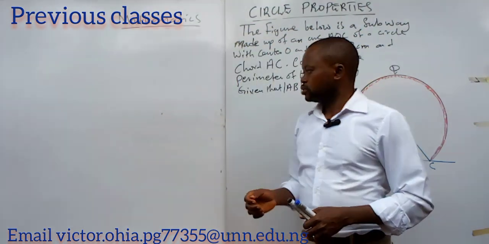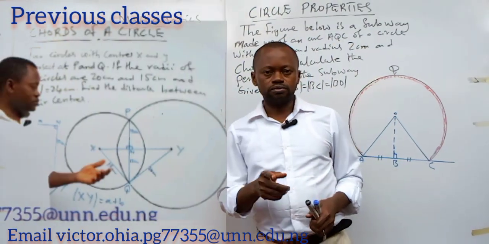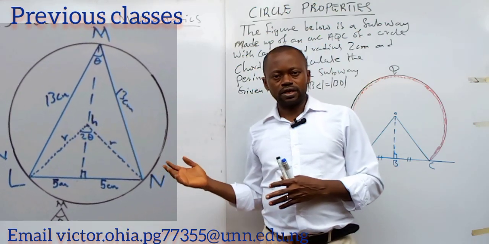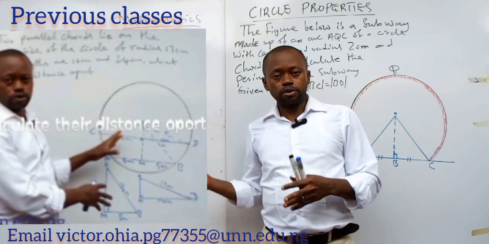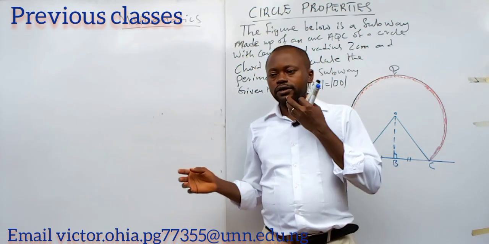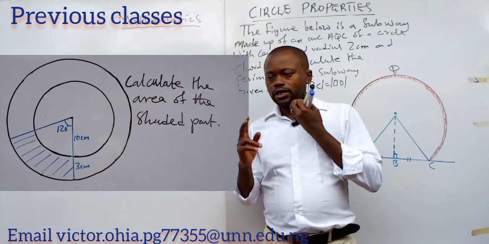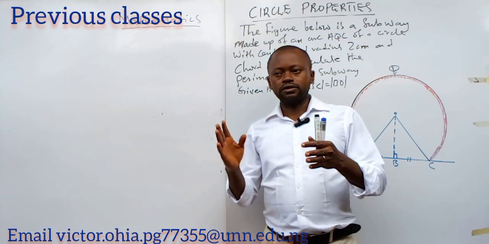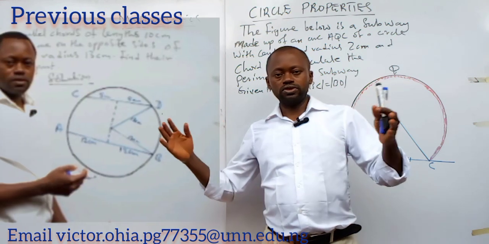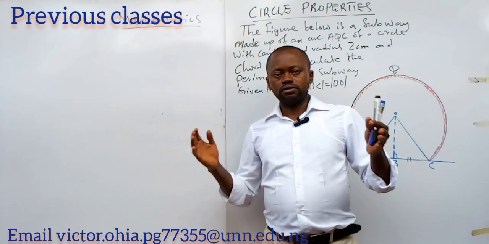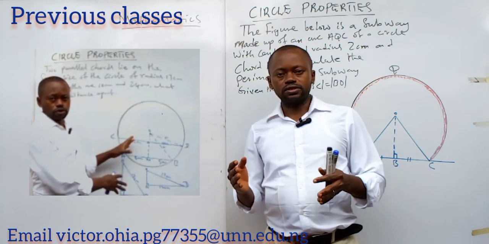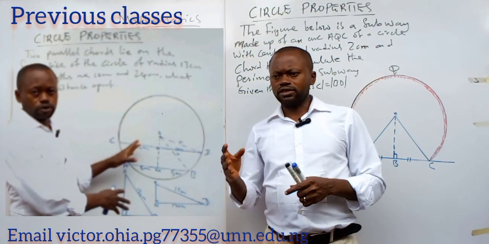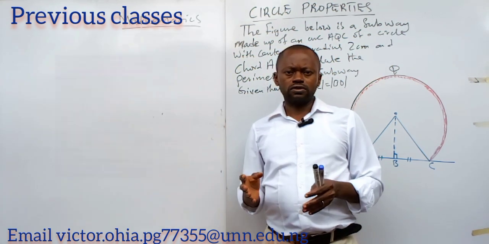In the previous class, we looked at questions that come from chord properties and circles. There are questions we handled that have to do with parallel chords on opposite sides of the circle, and parallel chords on the same side of the circle, like in the class we just concluded last time.